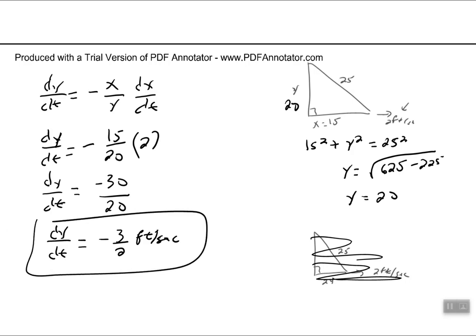All right, so that's how fast the ladder is moving down the wall if the base of the ladder is 15 feet away from the base of the wall and being pulled away at 2 feet per second. Okay, so you would do the same thing for x 24 feet away, plug it in the same way.